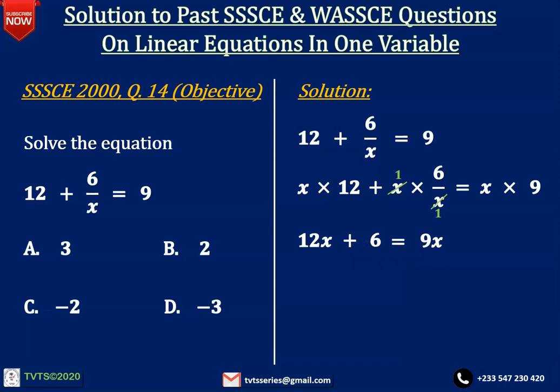This produces 12x minus 9x is equal to negative 6. 12x minus 9x is 3x, is equal to negative 6. Dividing both sides by 3, we have x to be equal to negative 2. Therefore, the correct answer is option C.